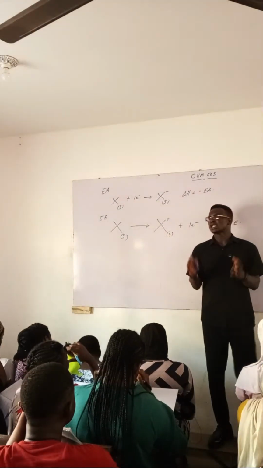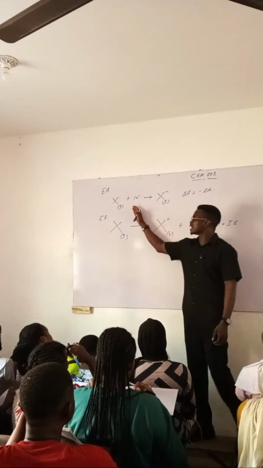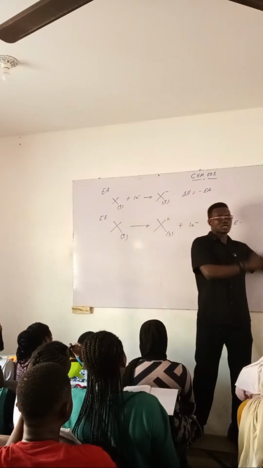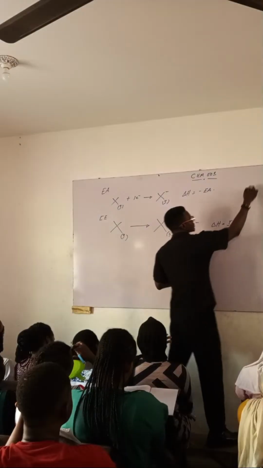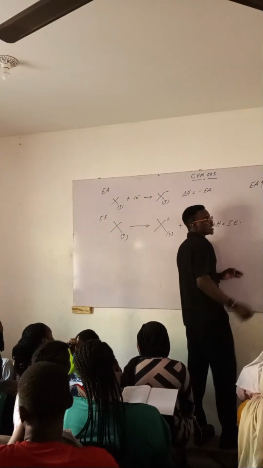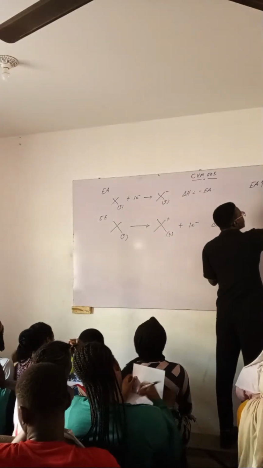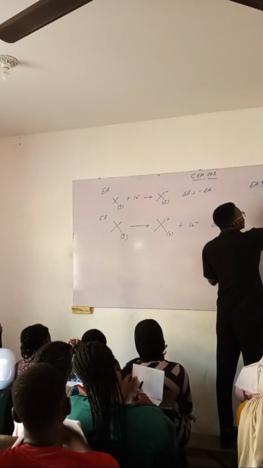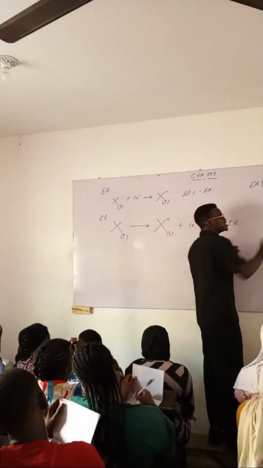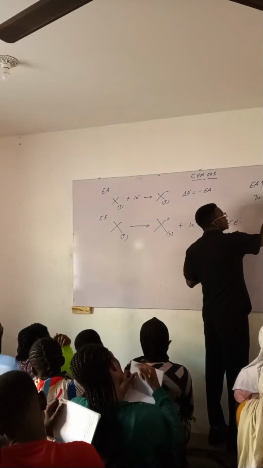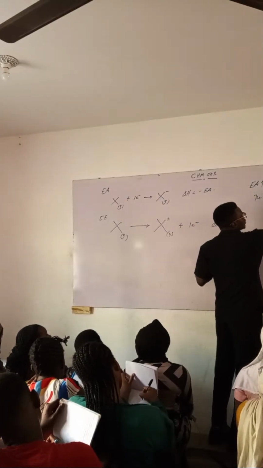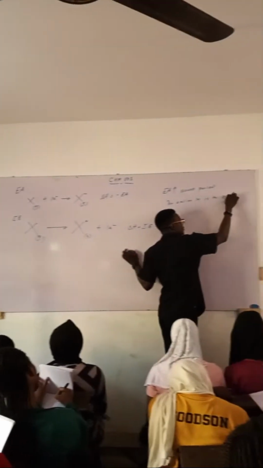So now, electron affinity also increases across the period. And the reason being that, just know that the easier it is to lose an electron, the easier it is to gain an electron.